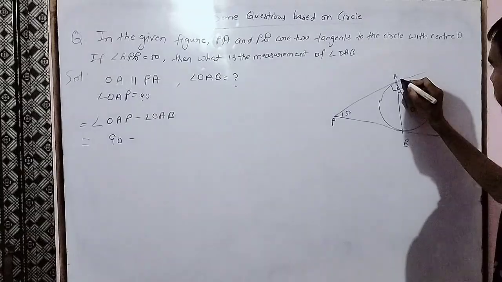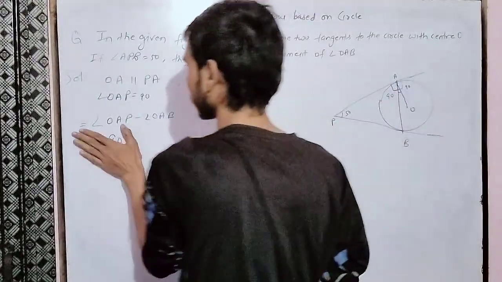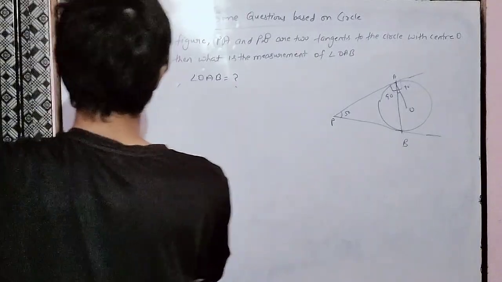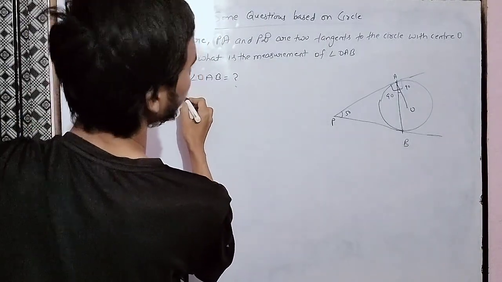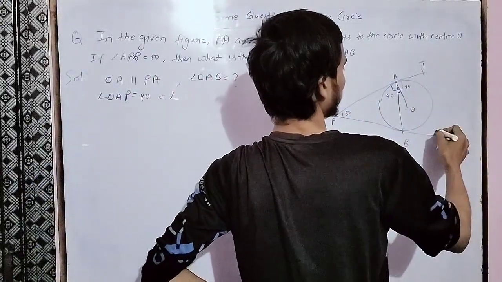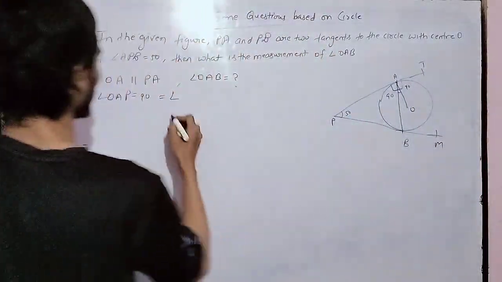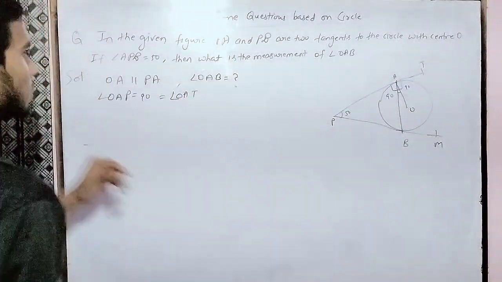This is also 90, this is also 90, and this is also 90. We can say this is T and this is M. So angle OAT is equal to 90.